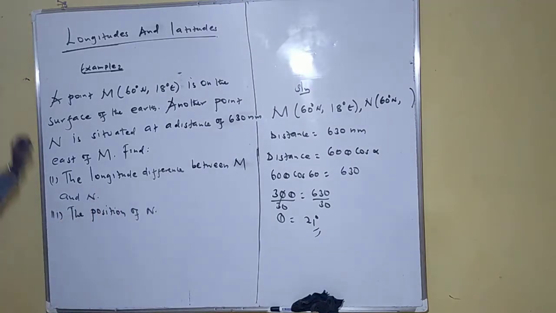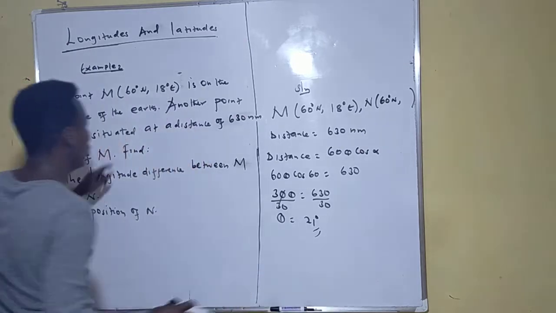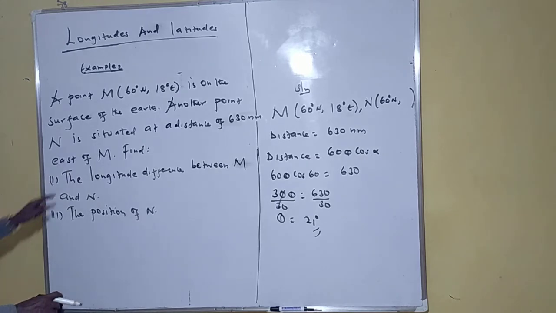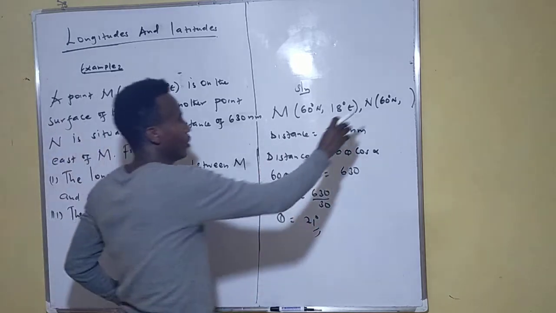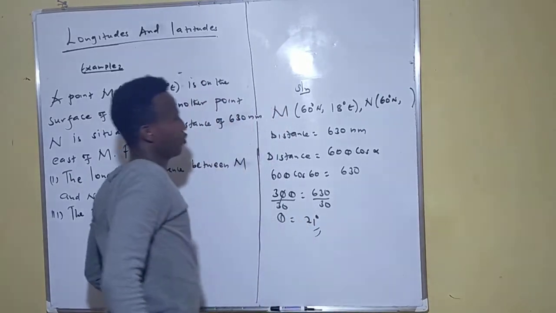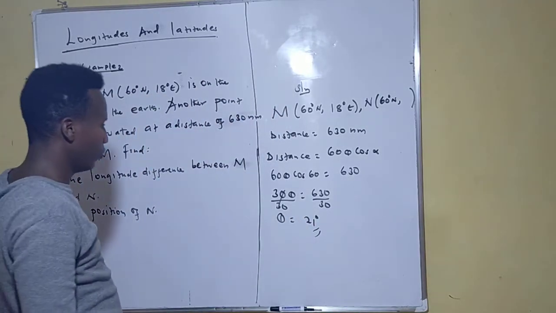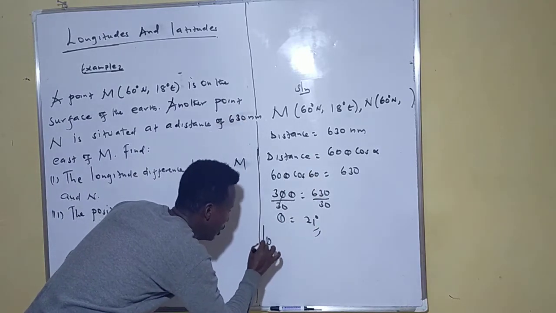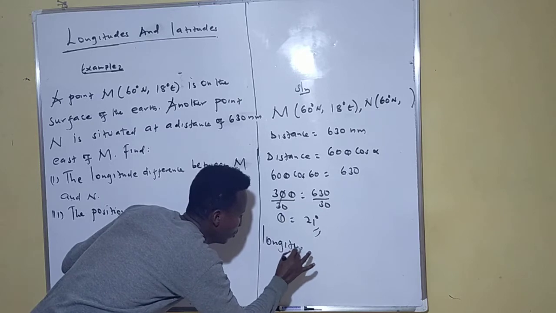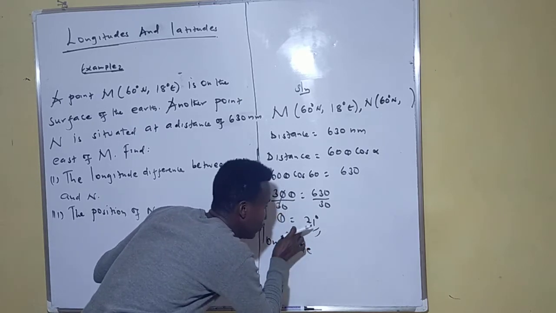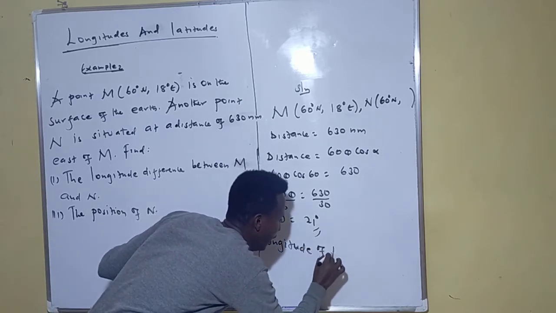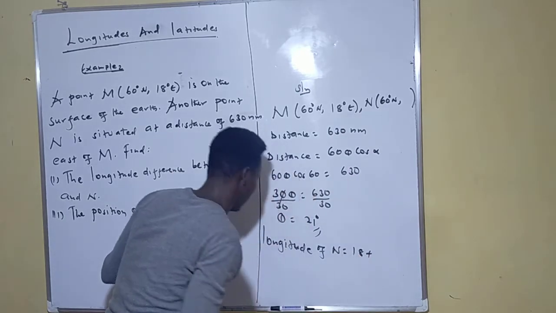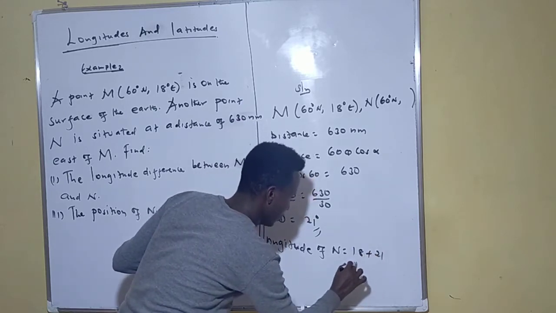Then, remember you are told another point N is situated at a distance of 630 nautical miles east of M, meaning N is to the east of M, so we are going to add. The longitude of N will be the longitude of M plus the longitude difference: 18 plus 21, which is 39.